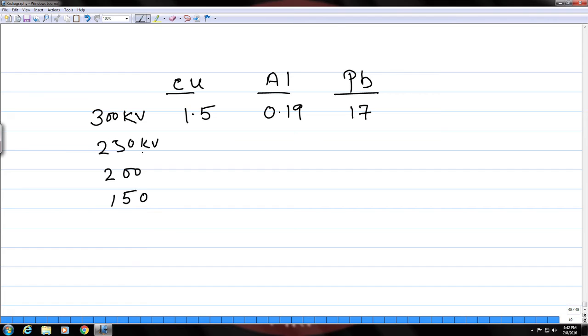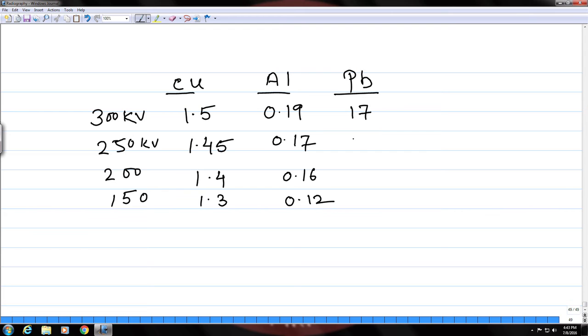Okay. Then as you decrease the X-ray energy, this would also decrease like this. For copper it will be 1.45 at 250, 1.4 at 200 kV and 1.3 at 150 kV. Similarly, for aluminum it is 0.17, 0.16 and 0.12.